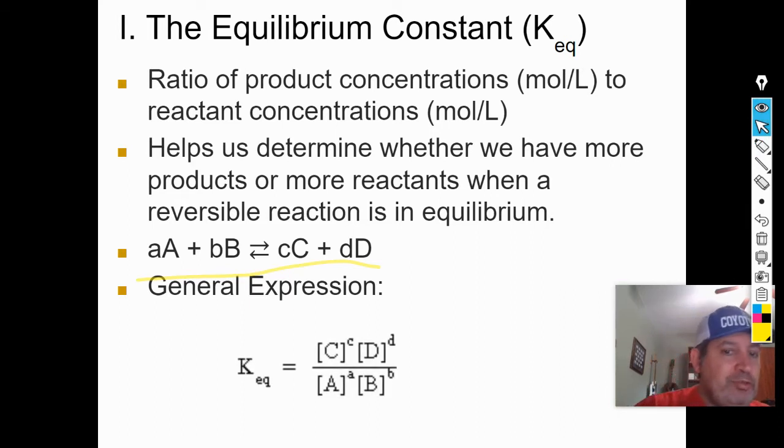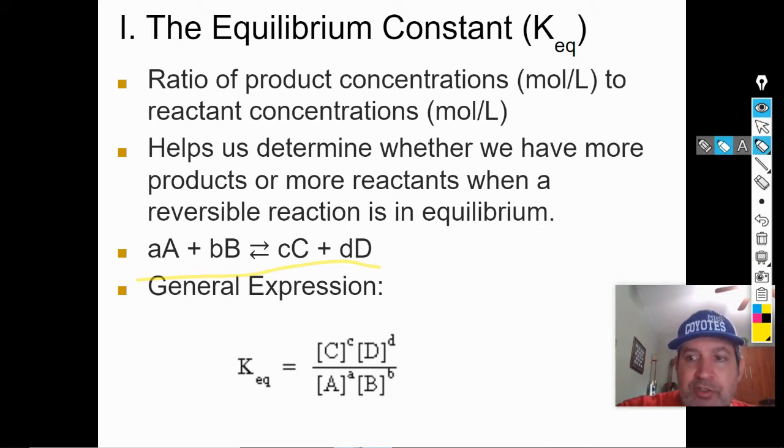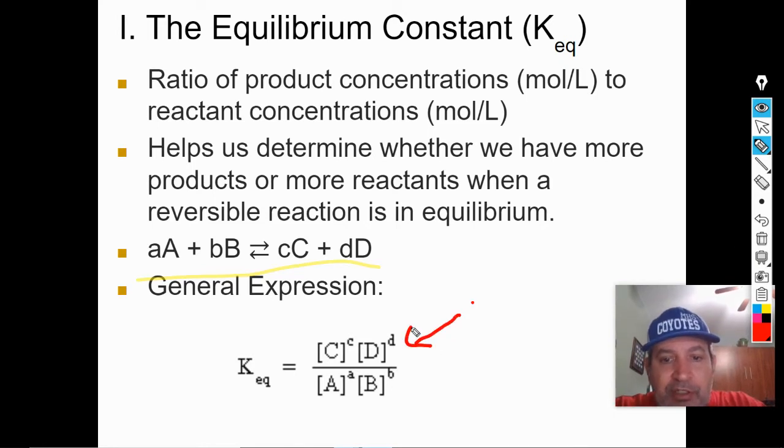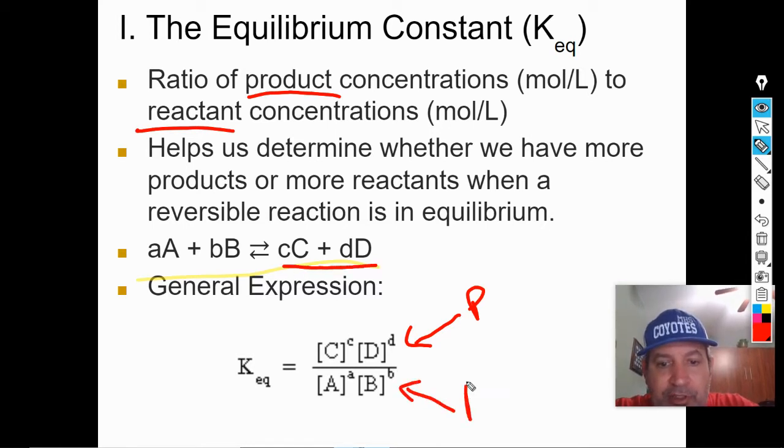Like I did earlier with the 1/2. That was a really easy example of this. So when you're looking at this, you're going to notice that the products are always going to be on top because it's products to reactant concentration. So products are on the top, which are these guys, and the reactants are on the bottom, which are those guys.